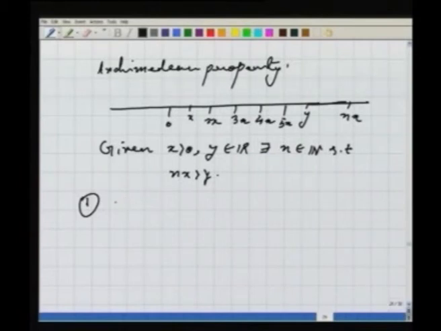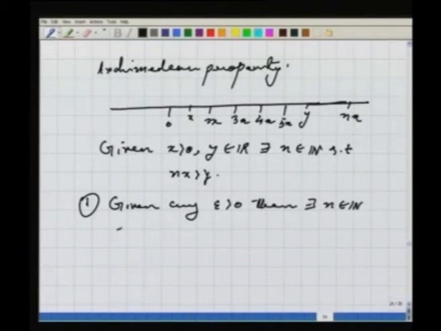Then we have seen some fundamental applications of the Archimedean property. Number one was that given any epsilon bigger than 0, this epsilon might be very large, it might be very small also, something like 1 by 10 lakhs, it does not really matter, then there exists a natural number n such that this epsilon is strictly less than 1 by n.